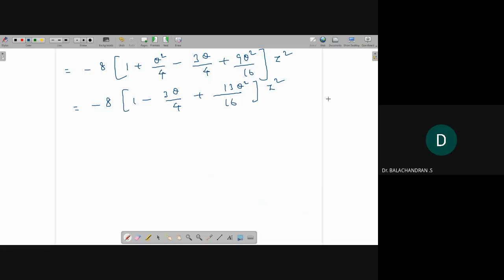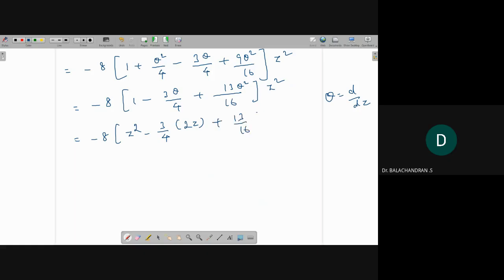Now you know that theta equal to d by dz. So minus 8 into z square minus 3 by 4 into theta of z square, which is 2z, plus 13 by 16.